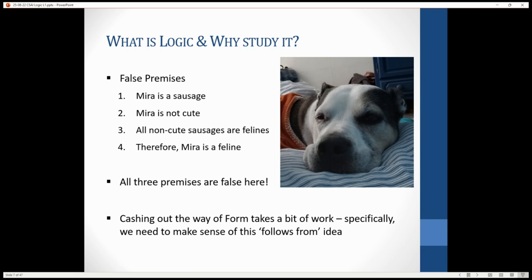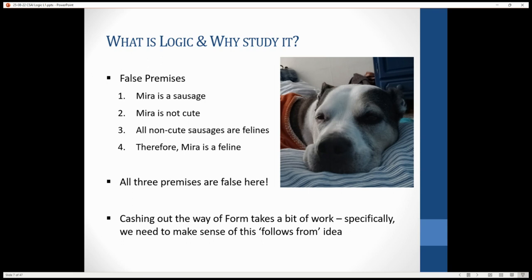So clearly there's something kind of bad about this argument with regards to the truth of the premises. But here's something interesting. It's actually kind of good. What's the sense in which this argument's good? 1 and 2 lead you to 3, and 1, 2, and 3 lead you to 4.